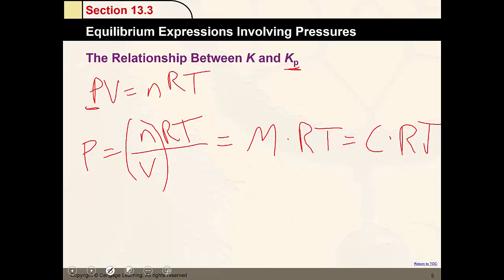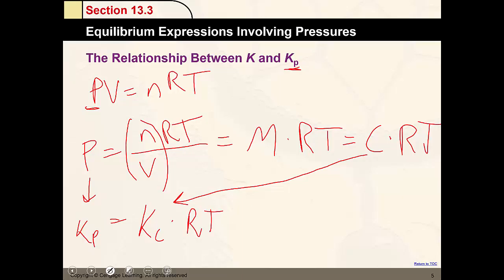So that means pressure is concentration times R times T. So if we rewrite this in terms of our values of K, that can be converted to Kp, and then this C, that's Kc times RT.